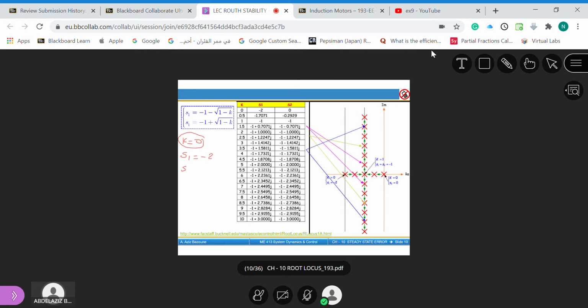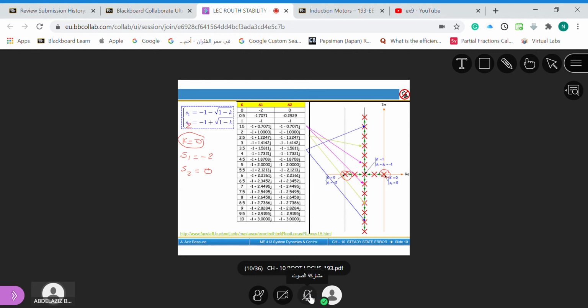What will be S2? S2 will be -1 plus 1, which equals 0. So at K equal to 0, the real parts are S1 equal to -2 and S2 equal to 0.